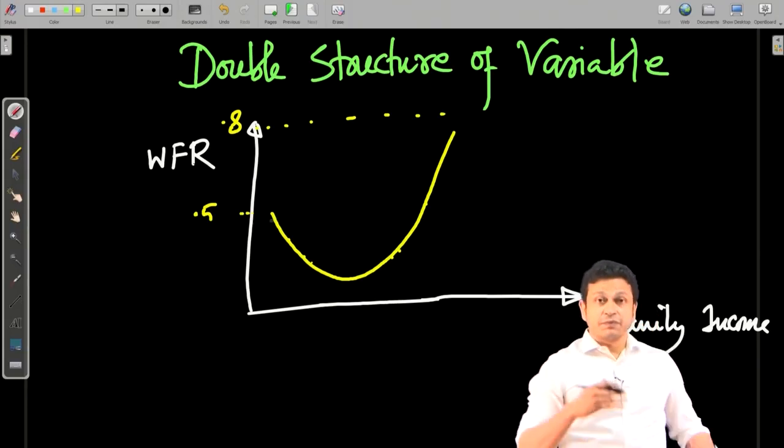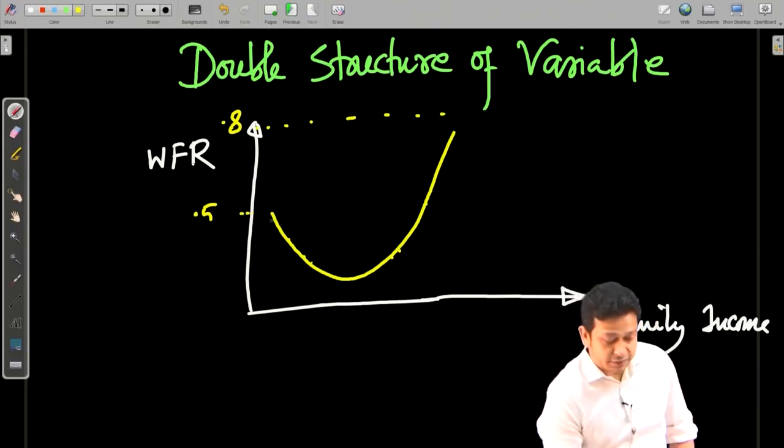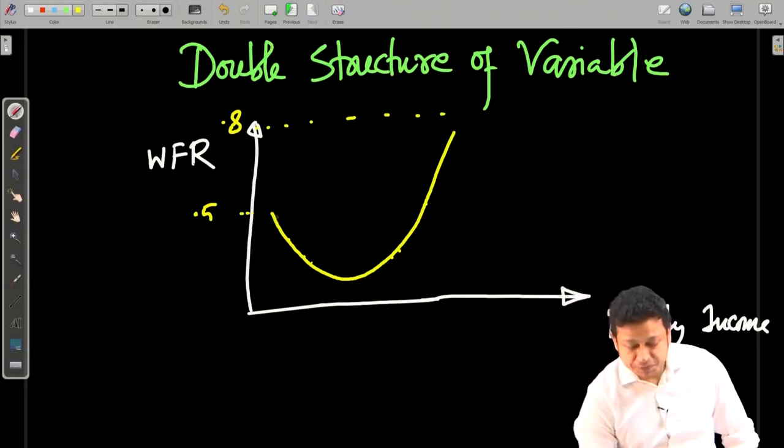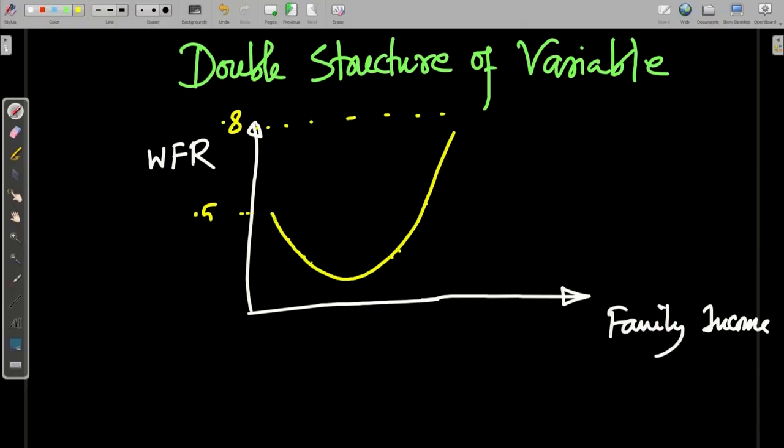The U curve we see is because of the social taboo: when my family income is increasing, I usually do not really want the female folk in the house to work, because to a family it might appear that if the females are staying back in home, that is actually good, okay.